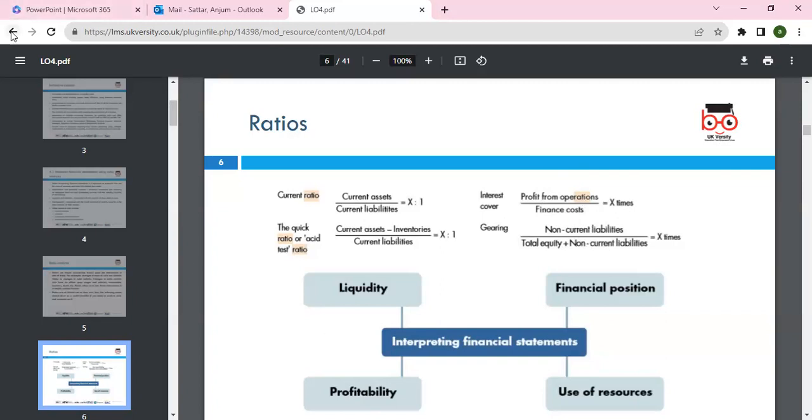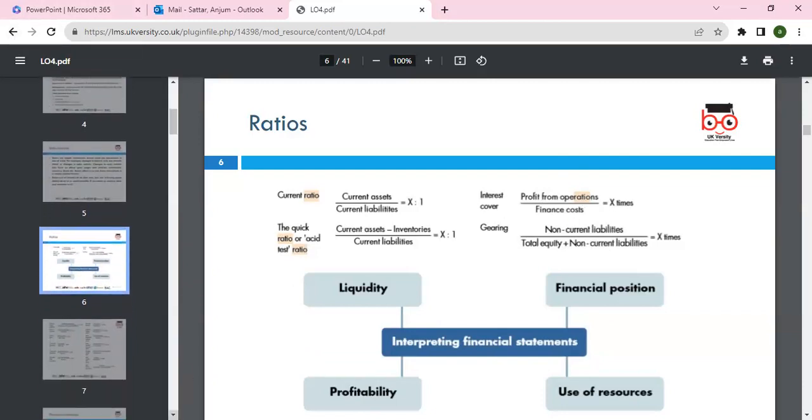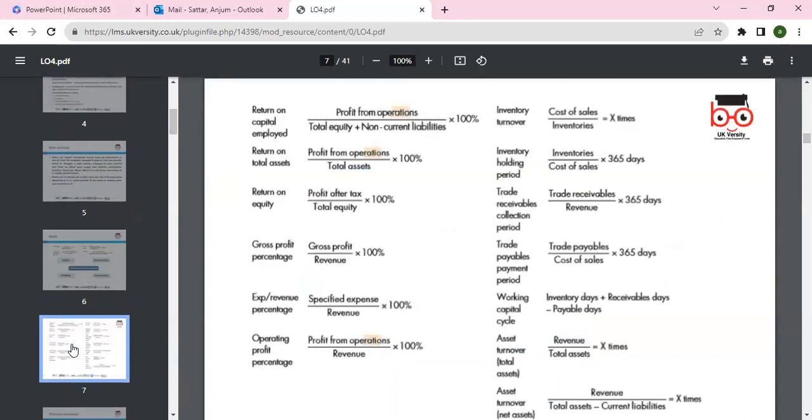On our Moodle page we have a document which we will look at in a minute. These are all the required formulas in the formula sheet: return on capital employed, return on total assets, return on equity, gross profit margin, and expenses as a percentage of revenue, meaning how much expense we have against the revenue.